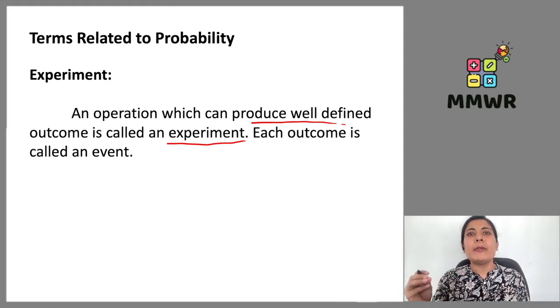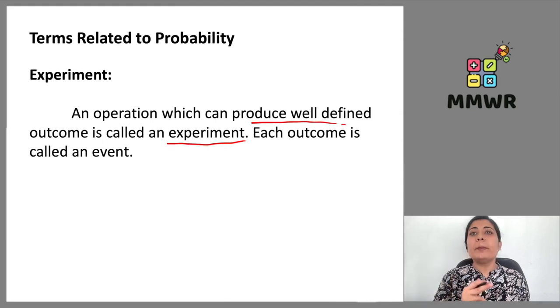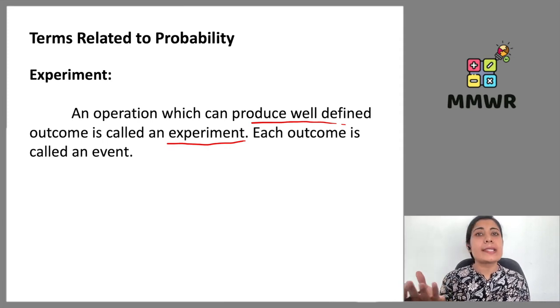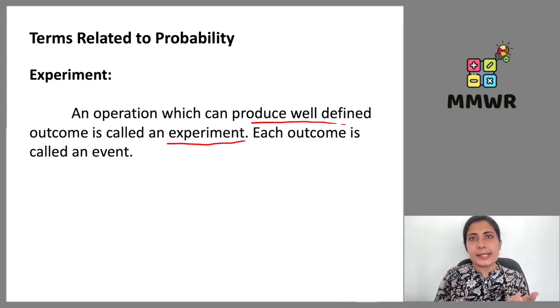Each and every well defined outcome can be considered as an event. Like when we play Ludo, or snake and ladder game, सांप सीढ़ी जिसको हम बोलते हैं, उसमें dice होता है, right? When we roll the dice, one dice has 6 faces.